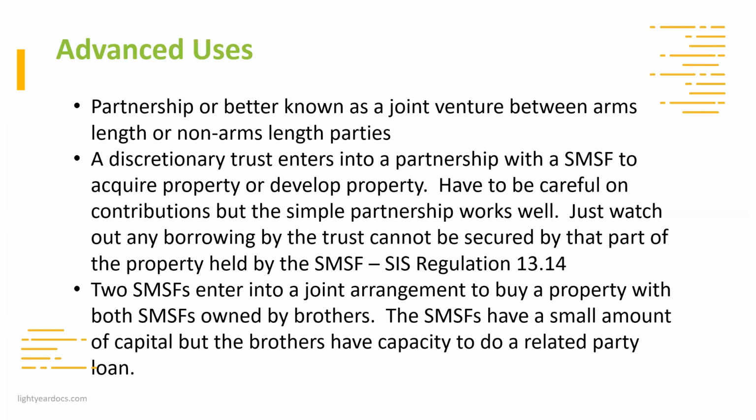Even if it's just to go and buy a commercial property, the issue that we are going to have is, unless we've got an LRBA, which is going to be our higher example in a second, if the discretionary trust borrows the money to invest in that related party property or that business real property, then we've just got to be careful that the lender, who will obviously be seeking a charge or a mortgage over that property, needs to be able to charge or mortgage only that part which is owned by the discretionary trust, not that part that's owned by the SMSF, as most banks want to charge the whole of the asset. That can then throw you into a problem with SIS regulation 13.14.